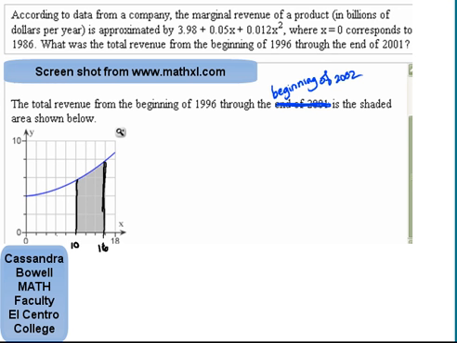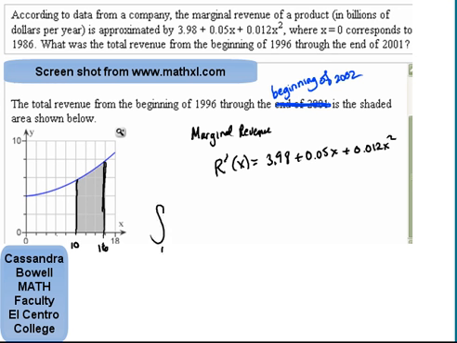So they've given us marginal revenue, R prime, to be 3.98 plus 500x plus 12 thousandths x squared. If we integrate that from 10 to 16, we will have the total revenue.